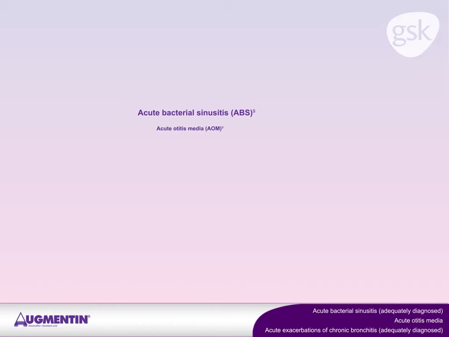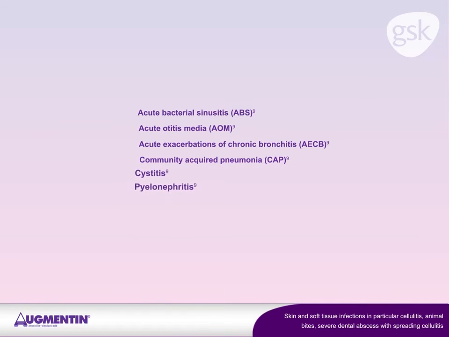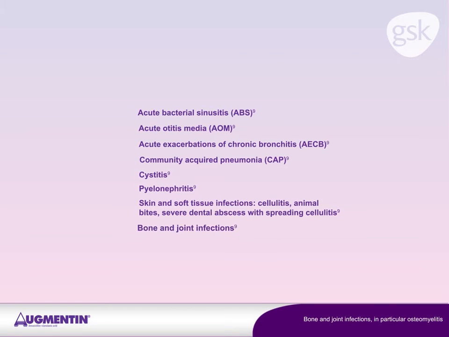Acute otitis media. Acute exacerbations of chronic bronchitis, adequately diagnosed. Community-acquired pneumonia. Cystitis. Pyelonephritis. Skin and soft tissue infections, in particular cellulitis, animal bites, severe dental abscesses with spreading cellulitis. Bone and joint infections, in particular osteomyelitis.